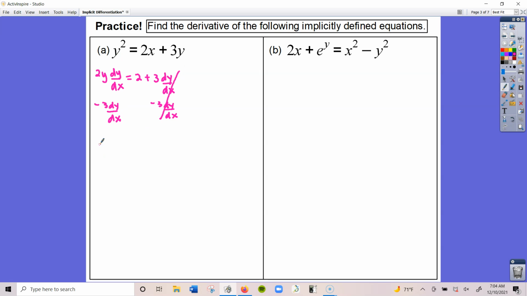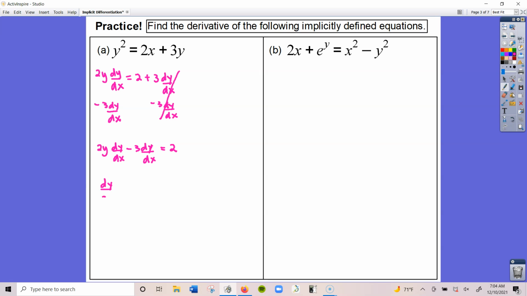So what I have here is 2y dy dx minus 3 dy dx equals 2. Once you have all of your dy dx's on one side, what we do then is that we factor out the dy dx, since that is a common factor.